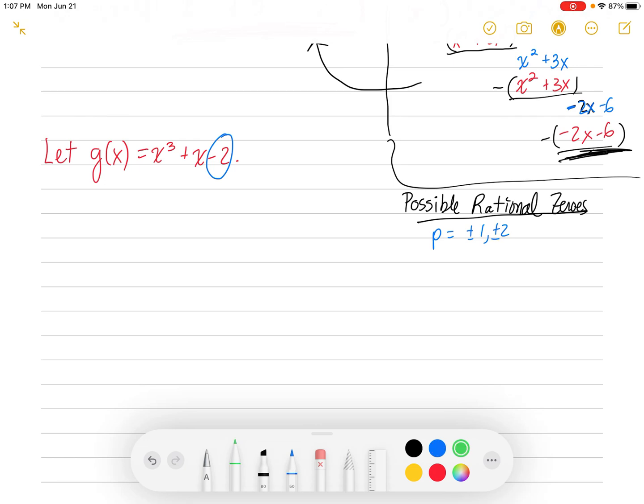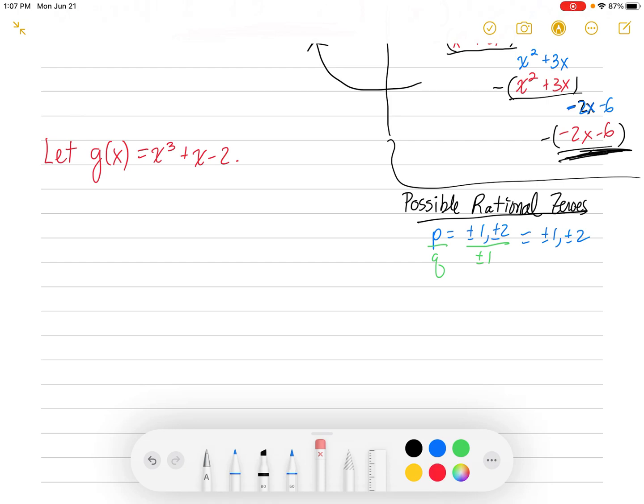So the factors of minus 2 are plus or minus 1 and plus or minus 2. And for my q, that's the number out front, plus or minus 1. Those are the only factors. So conclusively, we can say plus or minus 1, plus or minus 2 are the only possible rational roots here, possible rational zeros.